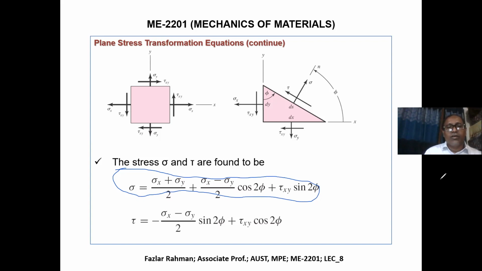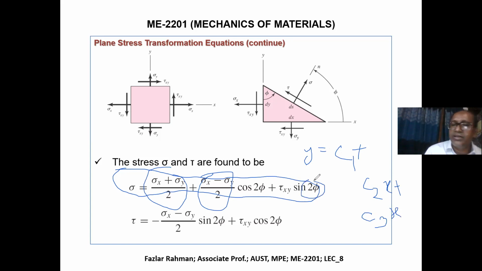Okay. What is the sigma? If I say sigma equal to y, and these are constant, right? This is not variable. I'm saying C1 plus C2 plus x. Tau xy is the constant, right? So I'm saying C2 into x. Sin phi, I'm saying x.